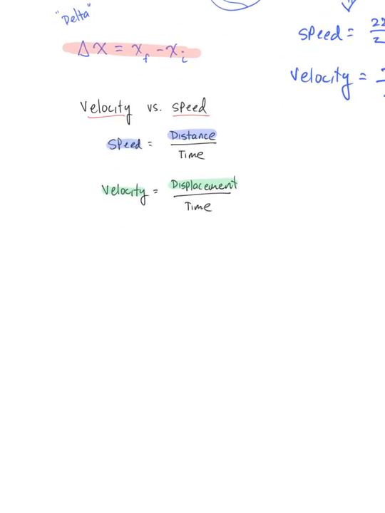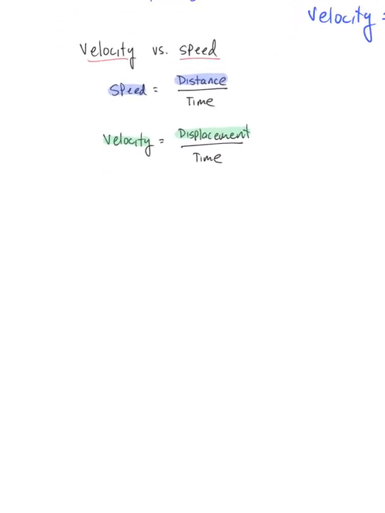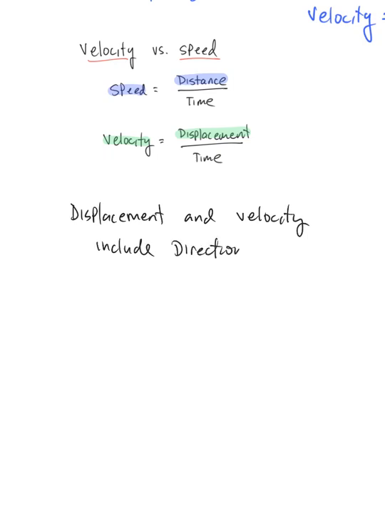And that's relevant enough that I'm going to write it down, actually. So displacement and velocity include direction. Direction matters. And for now, when we talk about direction, we're only going to think about it as positive or negative.